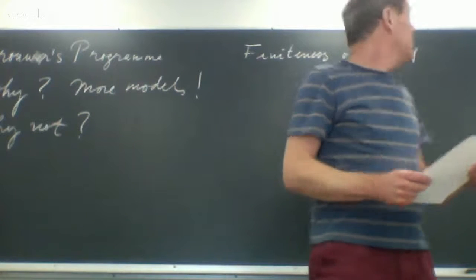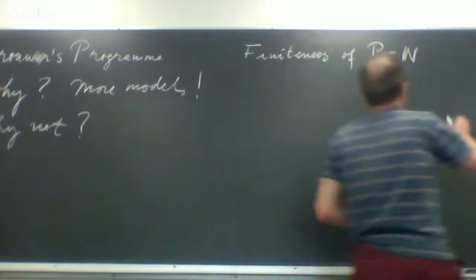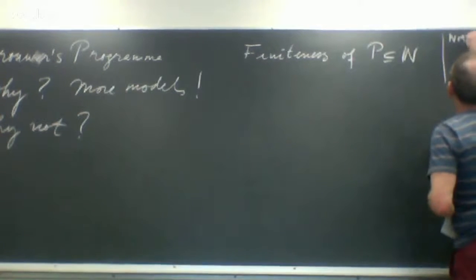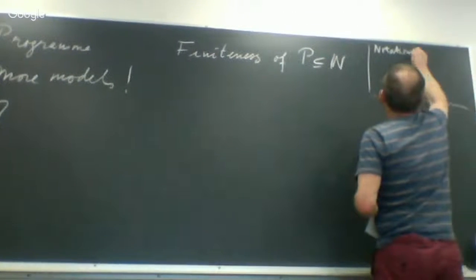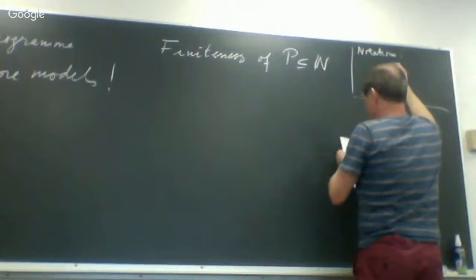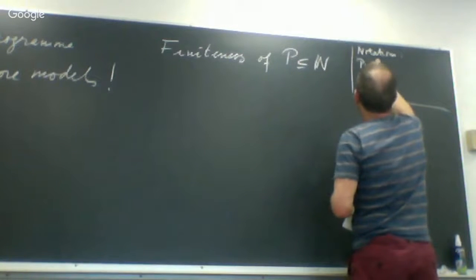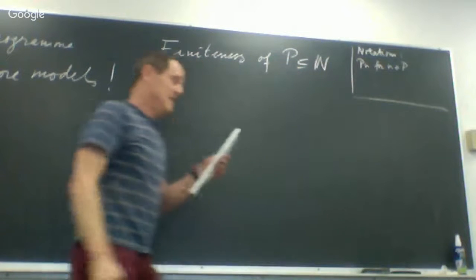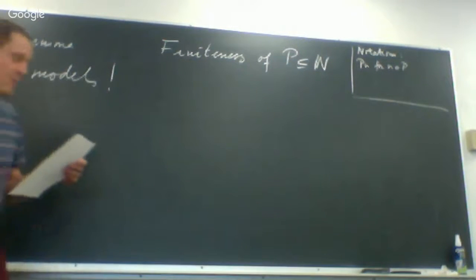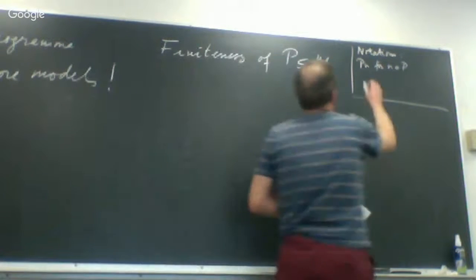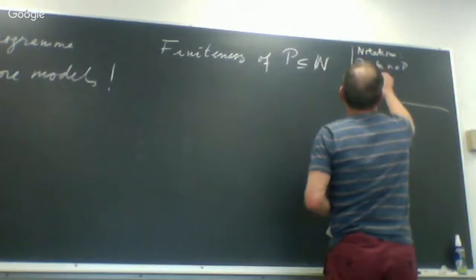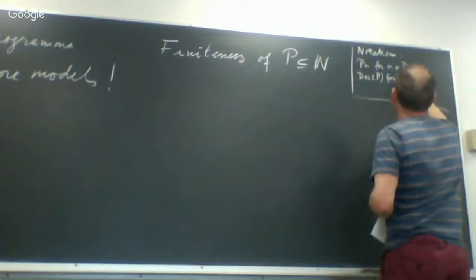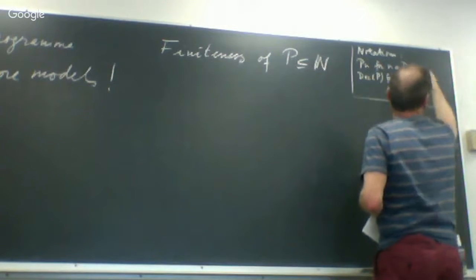I have a few notational issues. I will also use Pn for n in P if that's convenient. And I will use decidable P for: for all n in N, Pn or not Pn. I don't write that always.